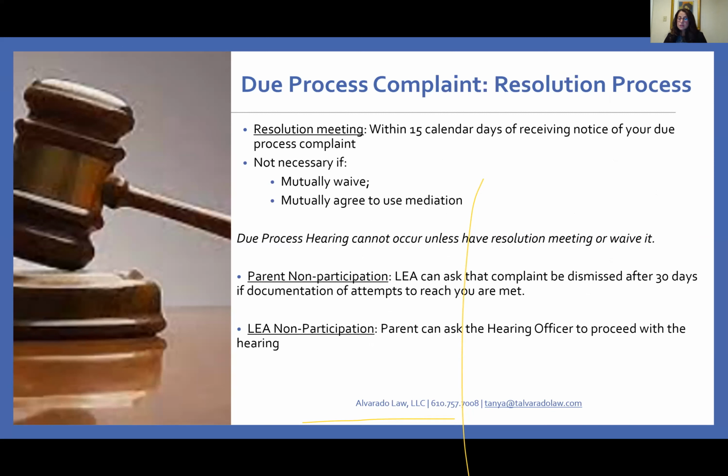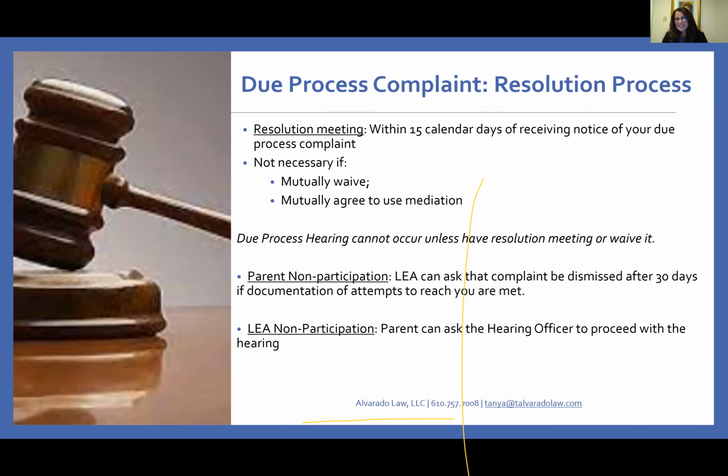Within 15 calendar days after the due process complaint, the parties are required to try to meet and resolve it. That's the resolution timeframe. And that's required, so it's not a question of whether it's going to happen. If one side doesn't want to have a resolution meeting, that's not enough.